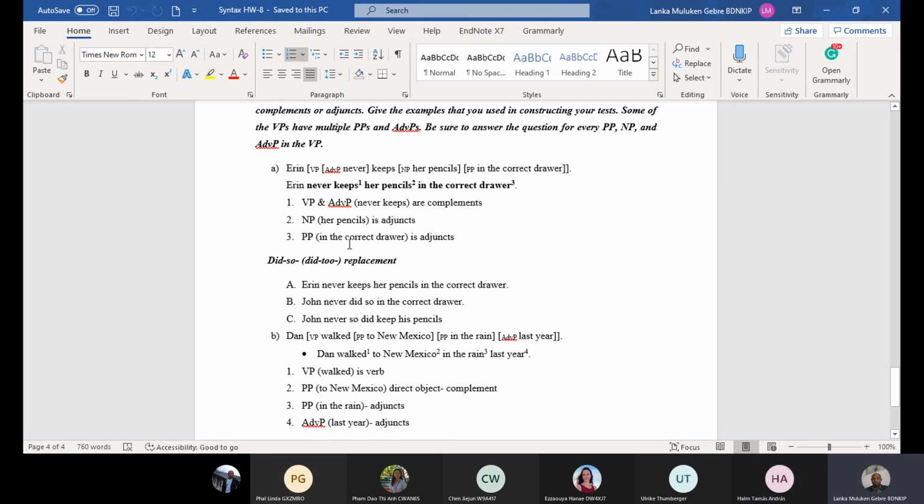The third one is in adjuncts. When I just replace them in did so or did to replacement, I use like this. John did so in the correct drawer. George never did keep his pencil.